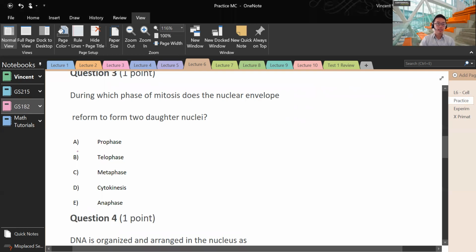The correct answer is telophase, right? That is where you will do the actual division, the cytokinesis, creating 2 daughter nuclei.